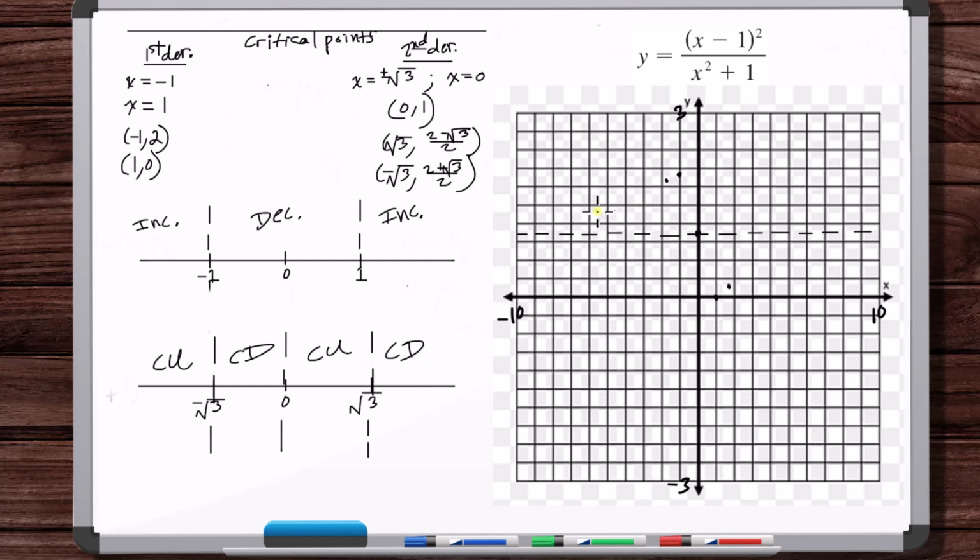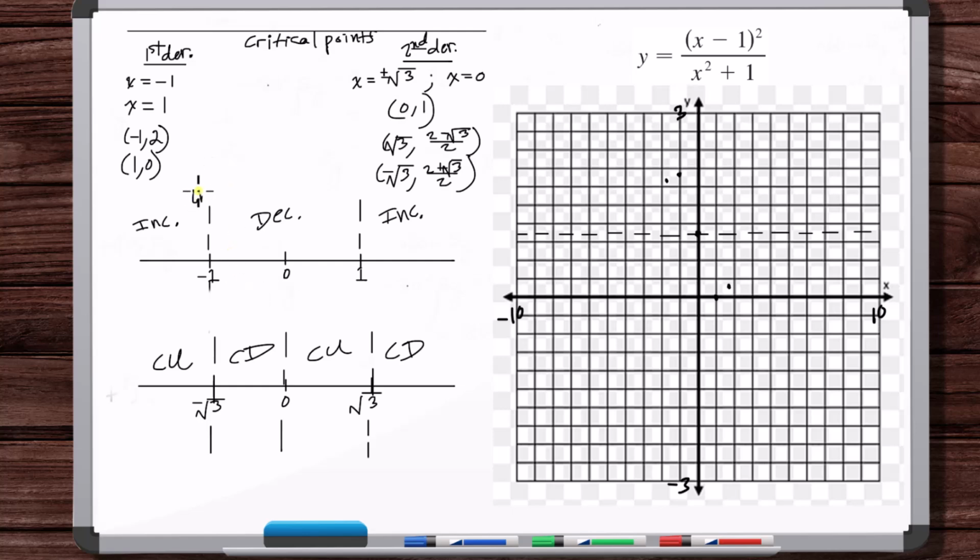This curve is continuous everywhere, and so we just need to look to see what the local maxes and mins are. We come to the critical points with respect to the first derivative and see, is there a sign change? If the sign of the first derivative changes at the critical point, then it's a local max or min. Here we go from increasing to decreasing.